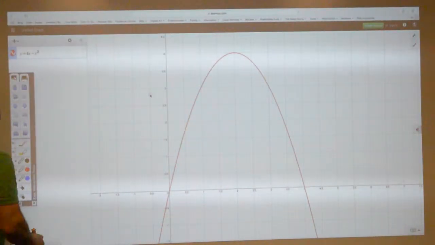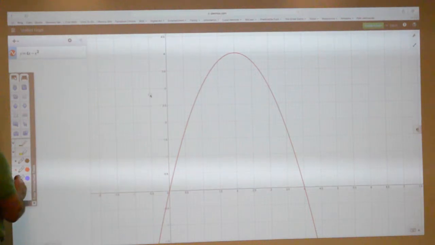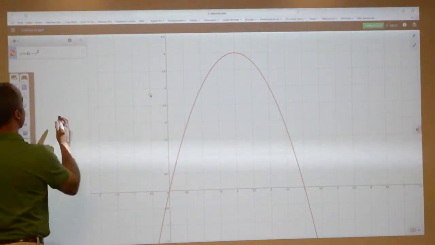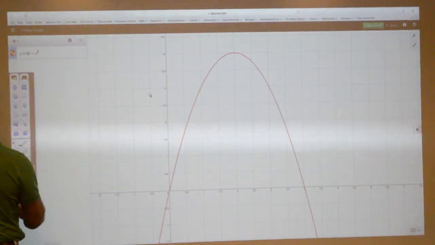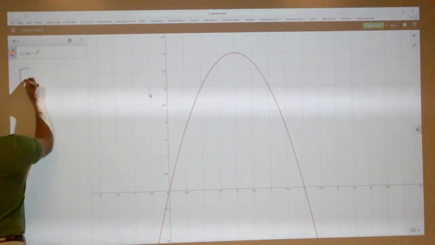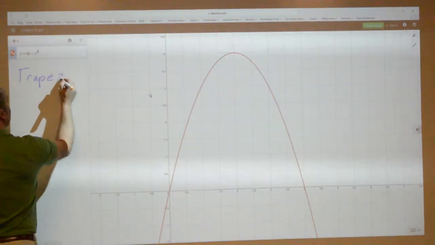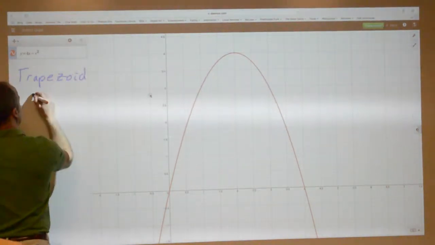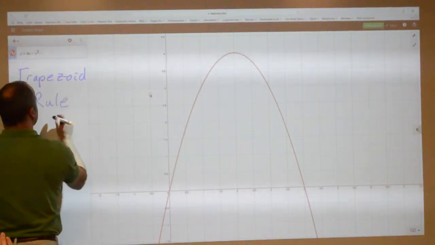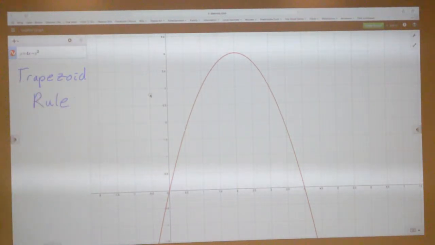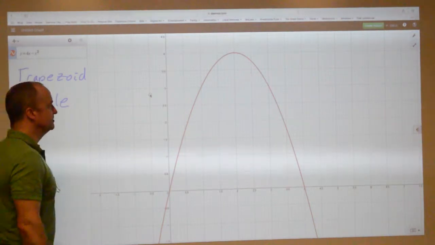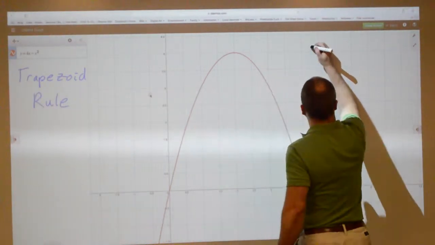All right, now, trapezoid rule. We're going to do this one.